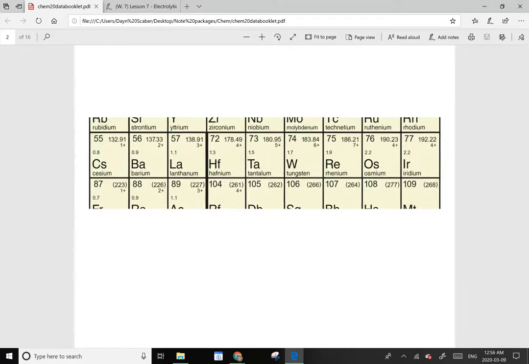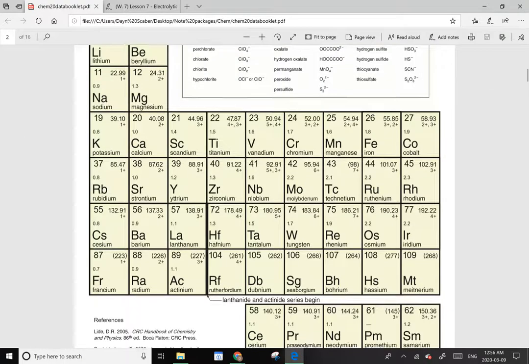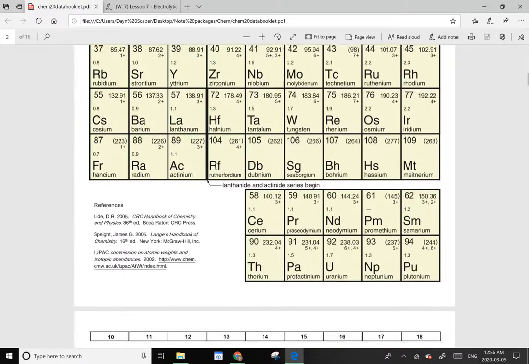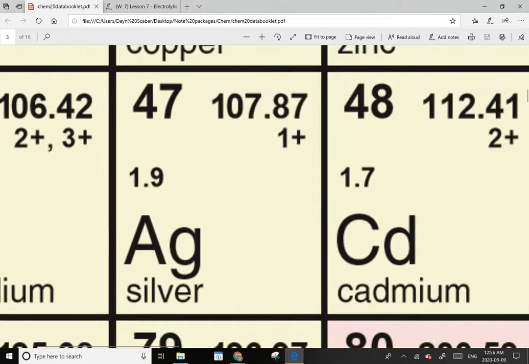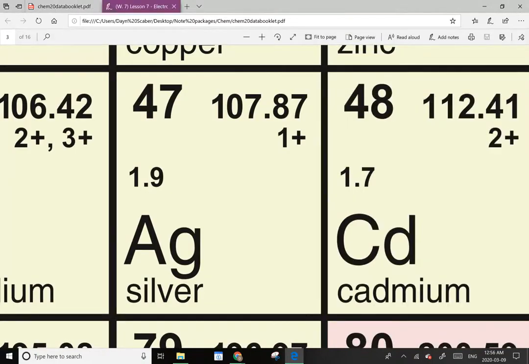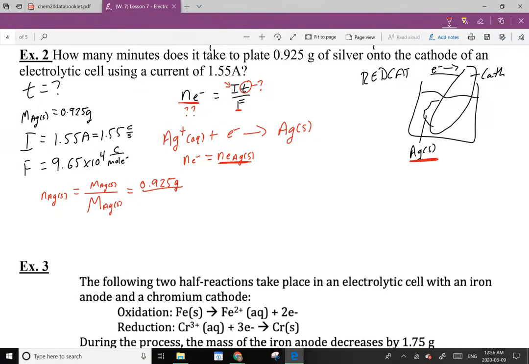Silver is found right there. 107.87 grams per mole. So let's note that down.